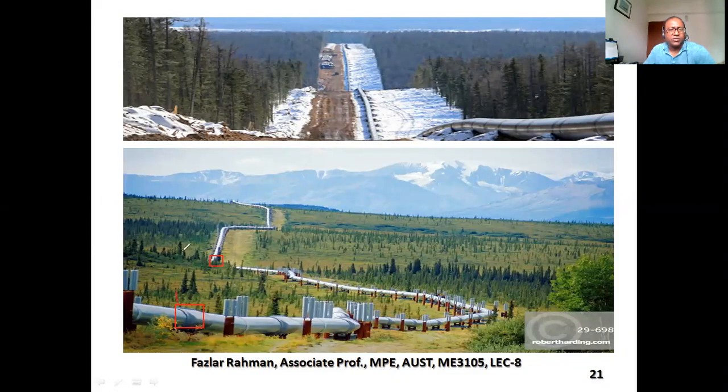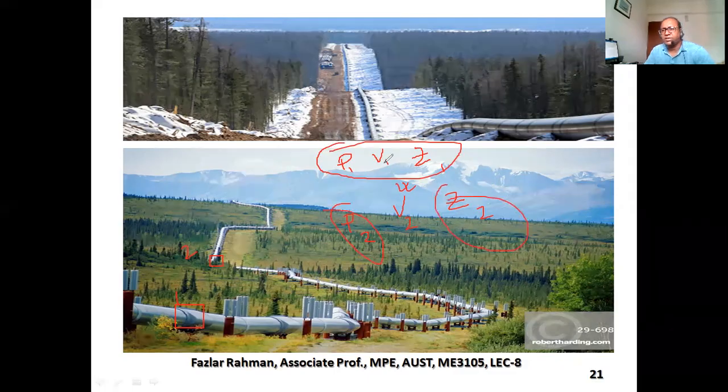If I say this is point 1 and this is point 2, at point 1 you have a pressure gauge, so you know P1, you know the velocity, you know Z1, and at point 2 you know the elevation. That means Z2 you know. V2 you don't know; you would like to figure it out. But pressure you know. If you know all these five values, applying Bernoulli's equation you can figure out V2.